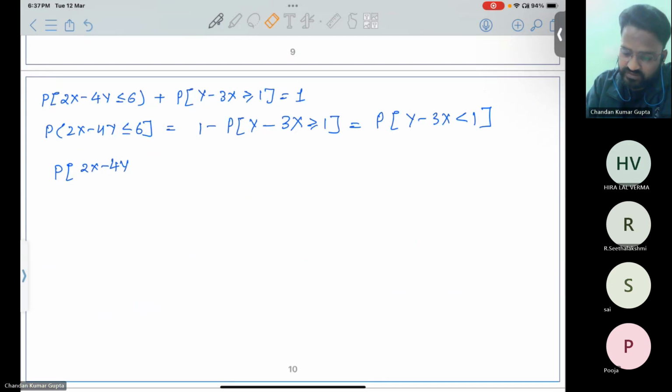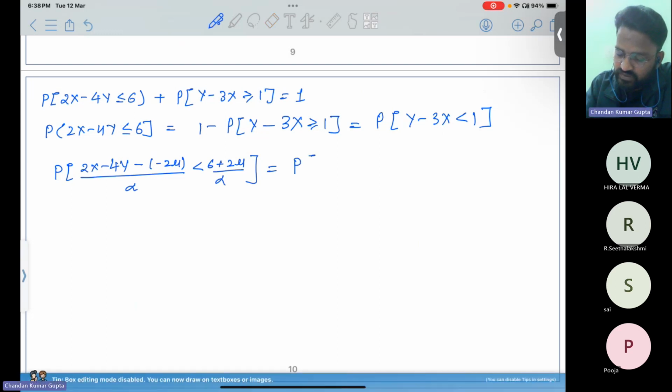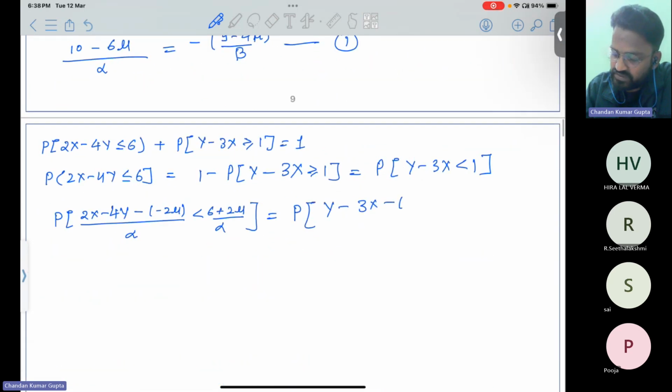So we get 6 minus minus 2 mu divided by alpha, and probability that y minus 3x minus its mean, also 2 mu actually, divided by beta, less than.